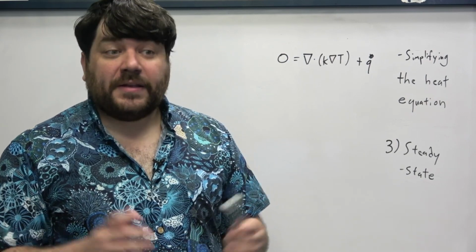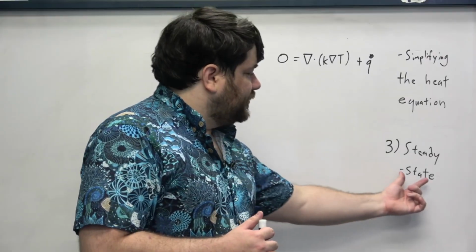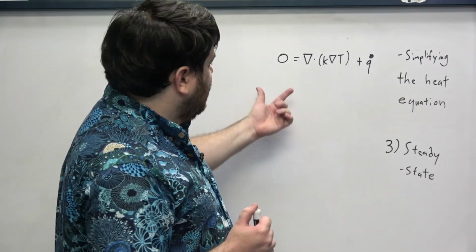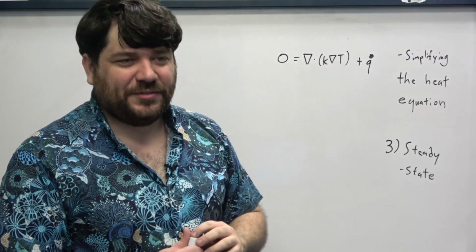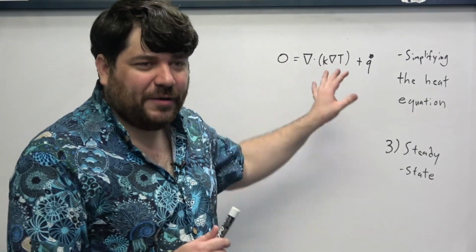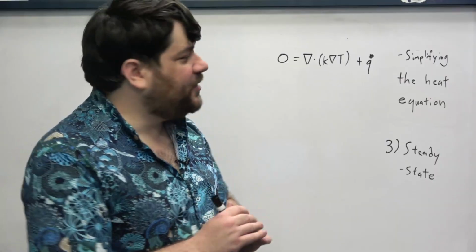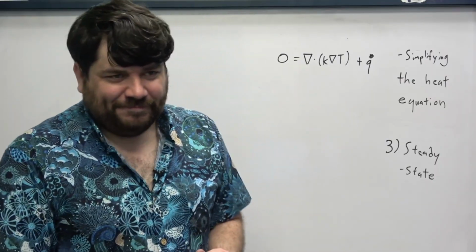And so as a result, the assumption of steady state not only simplifies the equation, but lowers the amount of different terms that show up. You get rid of those two material properties entirely, and there's only one that ever shows up.